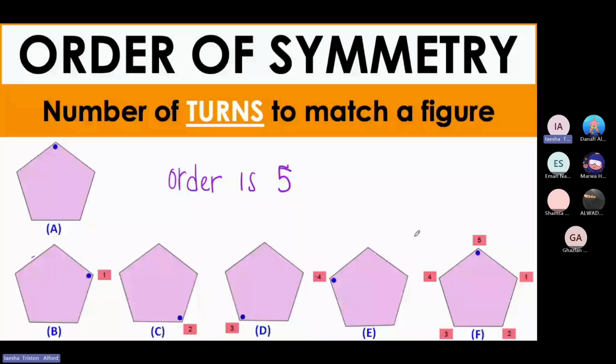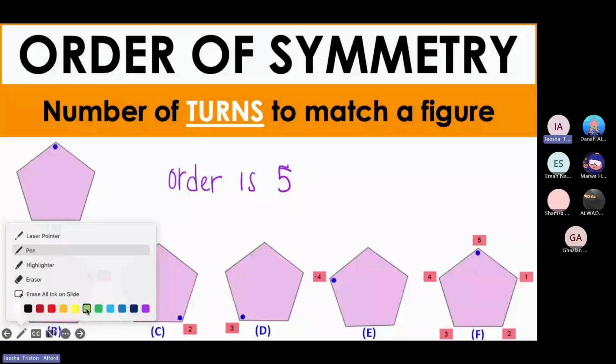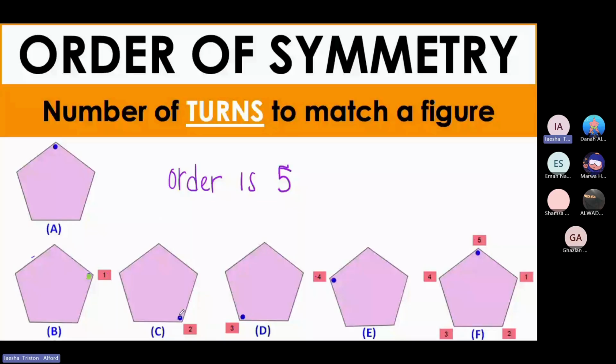The only thing that is changing is the location of this dot. But as far as the picture you see with your eyes, it is the exact same picture. So our job is to count how many turns you can make to keep everything exact.